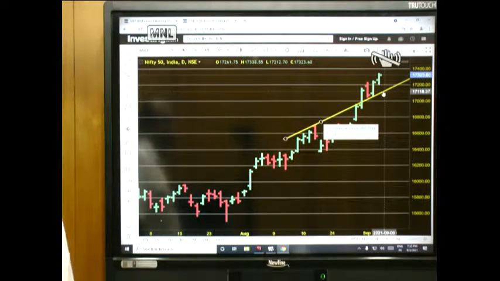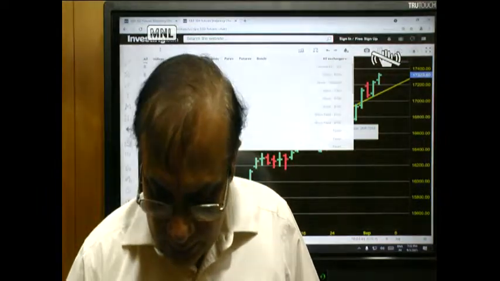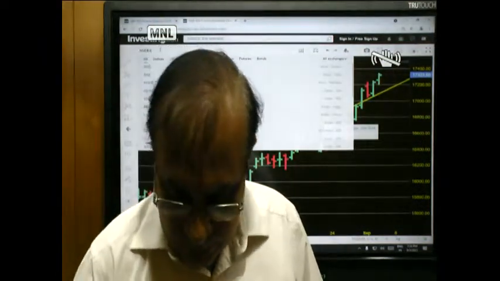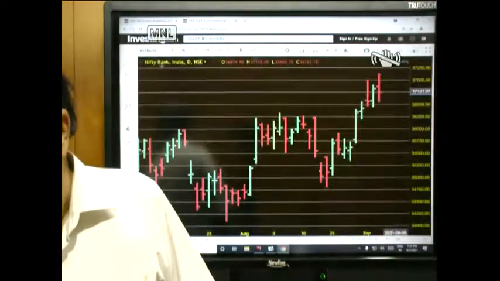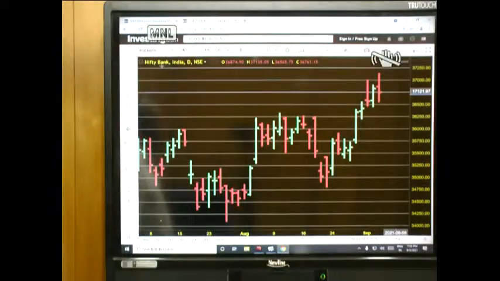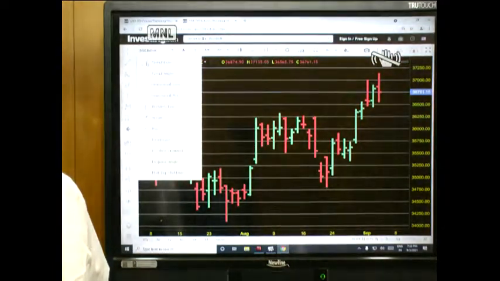So let's look at the Bank Nifty. We will use the first important trend line here itself.